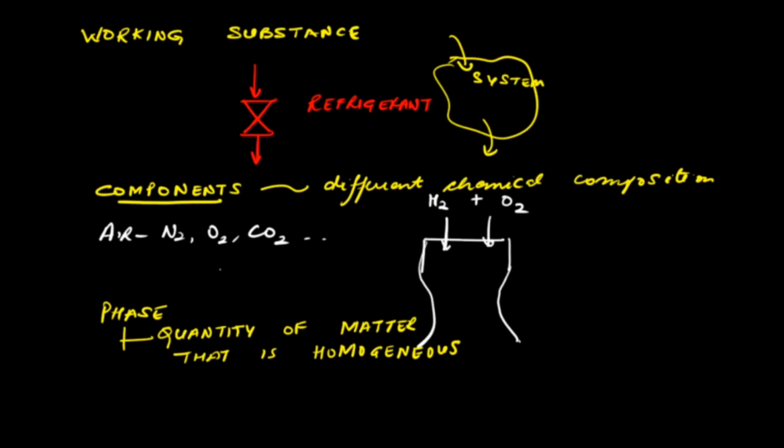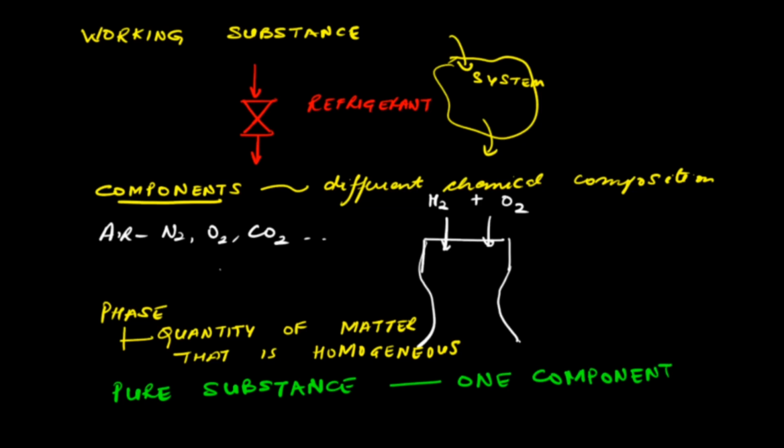Similarly, if you have ice and water mixed, then you will have water in solid and liquid phase. So in most parts of this course, we are going to consider what we call a pure substance. And this term will come again and again in the course. A pure substance is one that has only one component.